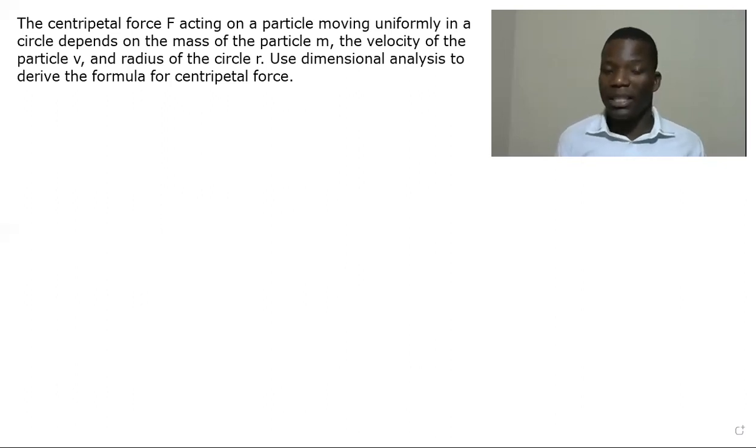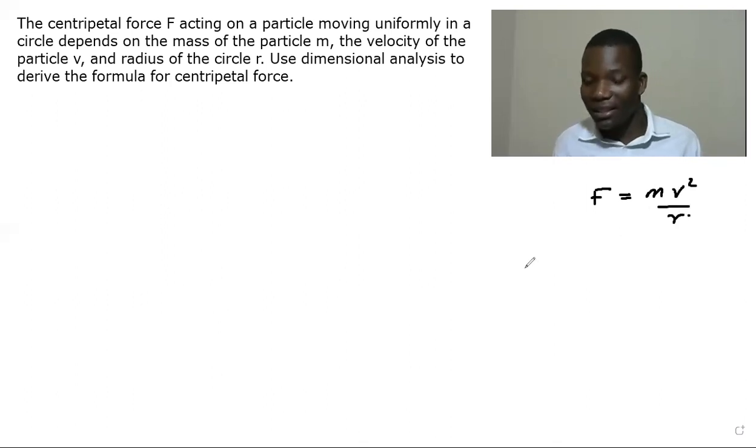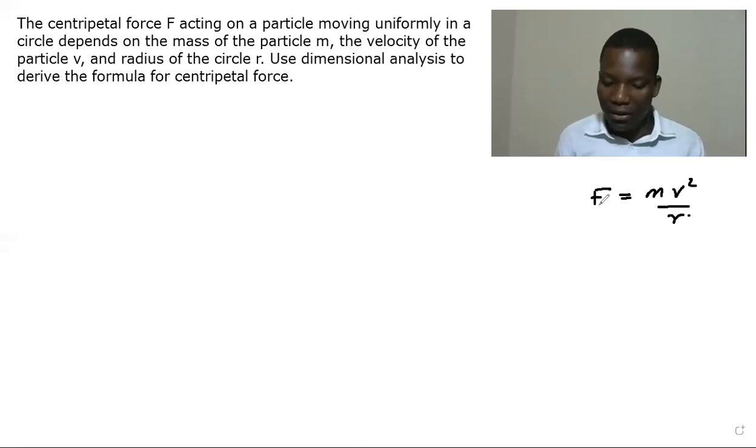Before we start, if you don't know, centripetal force is given by mv squared over R. Okay, that's the centripetal force. Now we're going to see if we use dimensional analysis, it's going to give us this.